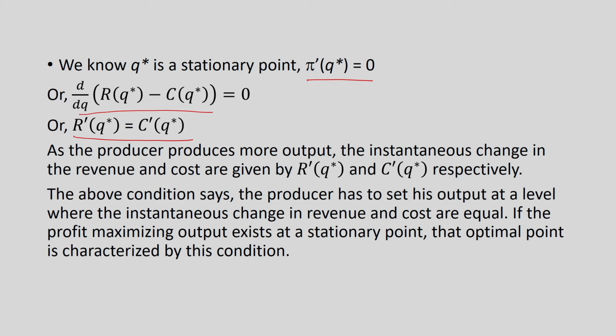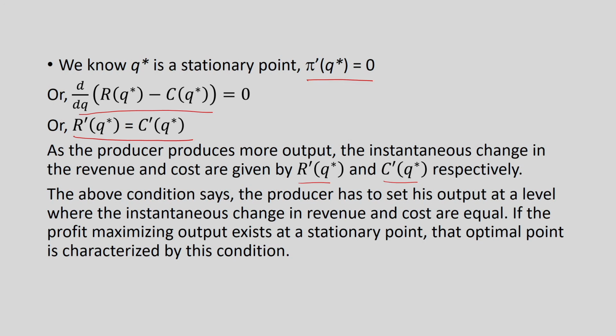As the producer produces more, the instantaneous change in the revenue and cost are given by R dashed Q star and C dashed Q star. So, that is what this means. R dashed Q star is the instantaneous change in the revenue as the producer produces more output or even less output. So, if the output is changing by a small amount, then R dashed Q star is the change in the revenue at that output level Q star.